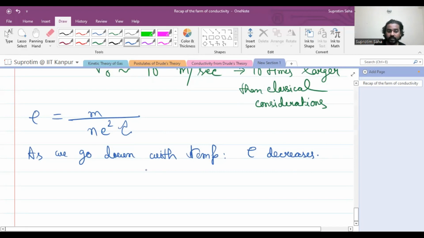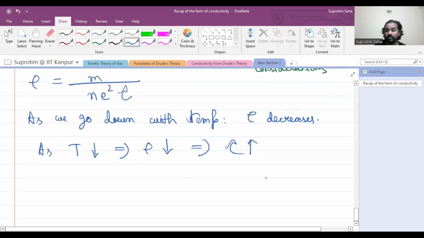For copper also, which is a metal, the resistivity decreases. Now as resistivity decreases, you have to have an increasing tau, because tau is in the formula for resistivity. So as T goes down, rho goes down, which implies tau goes up, the time scale between two collisions goes up.